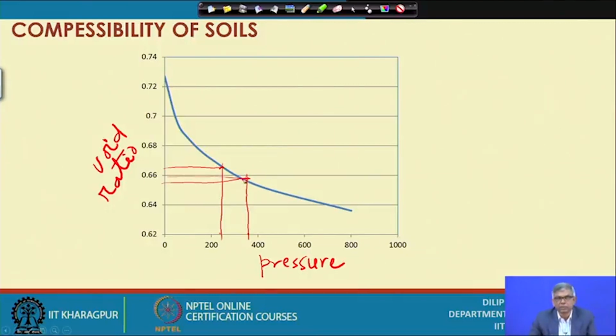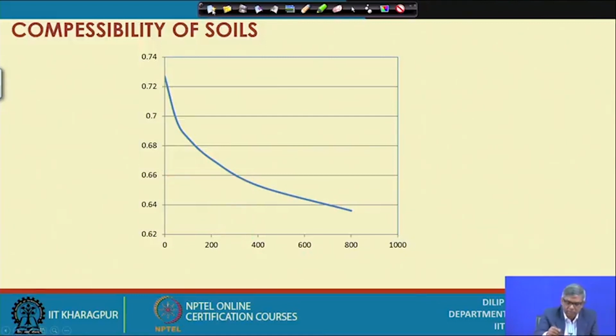These two values of e we estimate or read from this graph, and then I go back to the equation for volume compressibility and find the coefficient of volume compressibility.